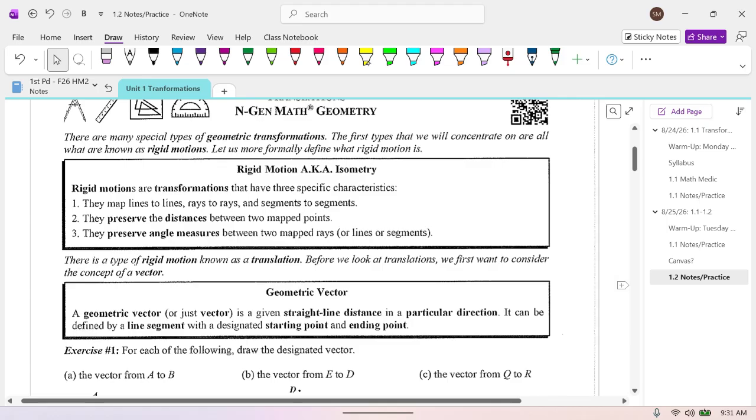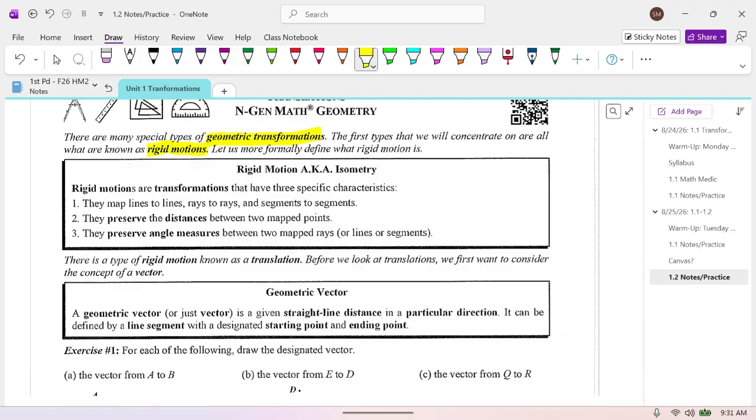So, translation is a special type of geometric transformation. Specifically, it's a rigid motion, meaning it preserves the size, preserves the shape, makes congruent figures. Another name for rigid motion is isometry. So if you ever hear the word isometry, that's just another name for rigid motion. Okay, they're synonyms.